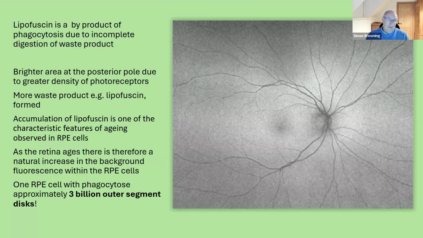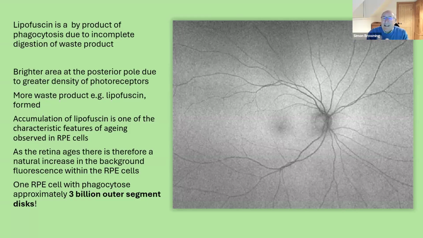Because if you think you've got between 4 to 6 million RPE cells in each eye, let's take 5 million as an average. 5 million times 3 billion, that's how many outer segment discs you're going to get rid of in a lifetime. That's something like 15 quadrillion, which is a big number. And that's one eye. So double it, 30 quadrillion outer segment discs get broken down and hopefully disposed of efficiently.